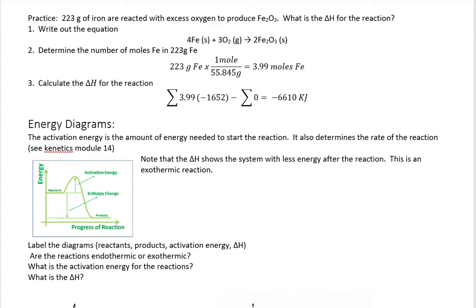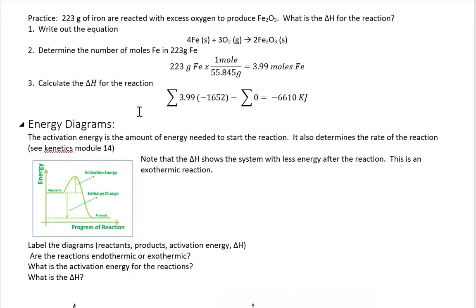And the beautiful thing about this particular problem is if you look up the change in enthalpies of any element in its natural state or any diatomic element, those are all going to be 0. So the beauty is that everything over here is going to have a zero value, and really the only thing we're going to have to work with is the change in enthalpies of formation of 2 moles of our products.